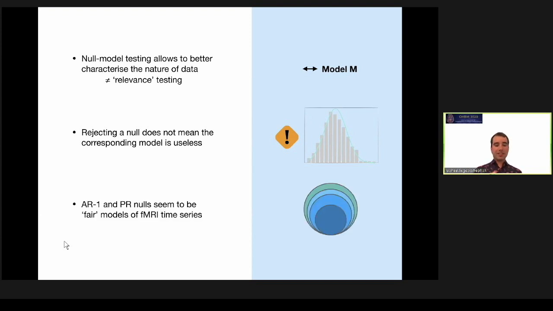And finally, there seem to be some converging findings suggesting that the linear and Gaussian structure captured by AR1 and phase randomized nulls is not that easy to reject. Of course, there is some information beyond these nulls, but it's not that easy to reject, and therefore linear and Gaussian nulls seem to be a promising way to explore this statistical information going beyond the classical correlation or covariance matrix that corresponds to the multivariate Gaussian null.